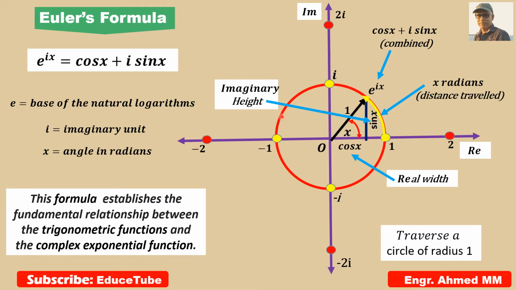And this is the same path, I mean the same moving circle, using sine and cosine in the imaginary plane. That is the most important point to understand here.